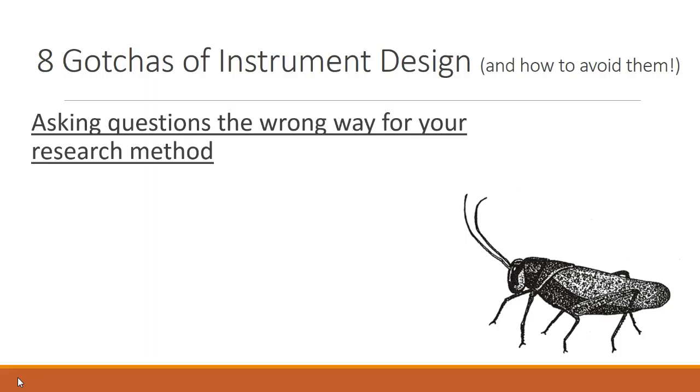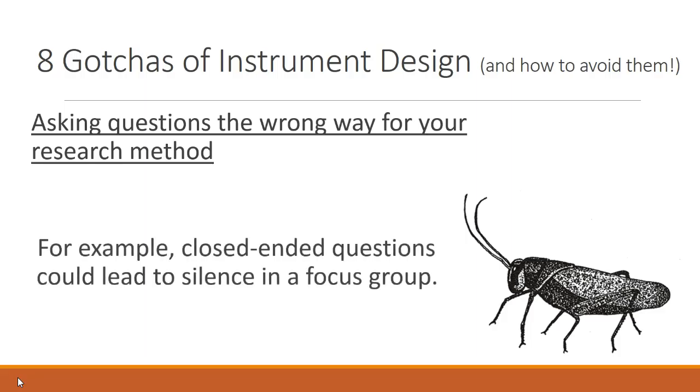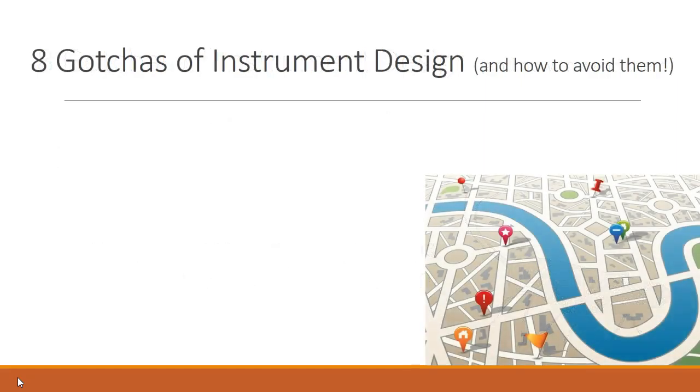Sometimes you get near silence when you ask for something that provides very little opportunity to elaborate. So thinking about the method that you've chosen and the kinds of questions that go best with that methodology is an important skill and one we'll talk about.